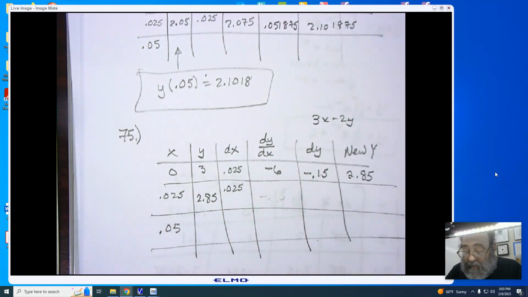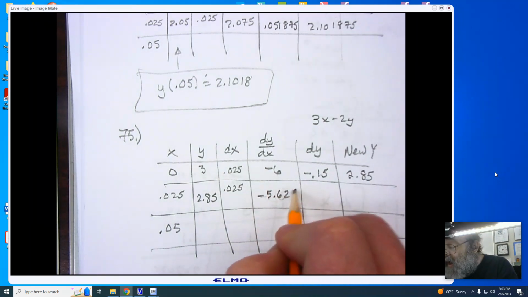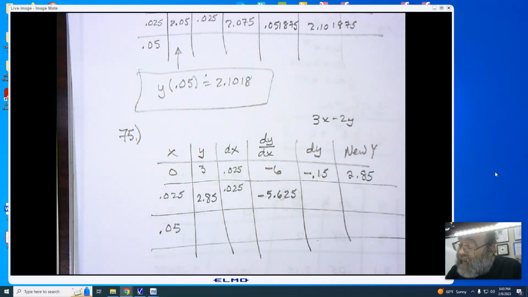We're now looking at 3 times 0.025 minus 2 times 2.85, and we end up getting -5.625, which we have to multiply by 0.025.